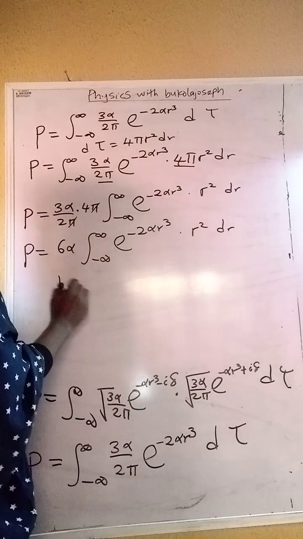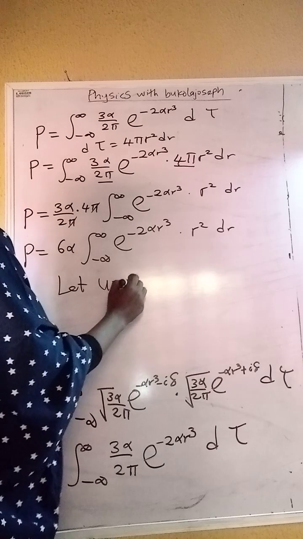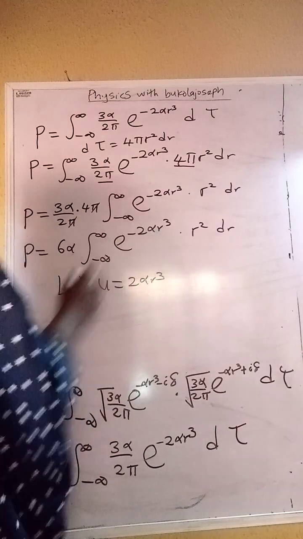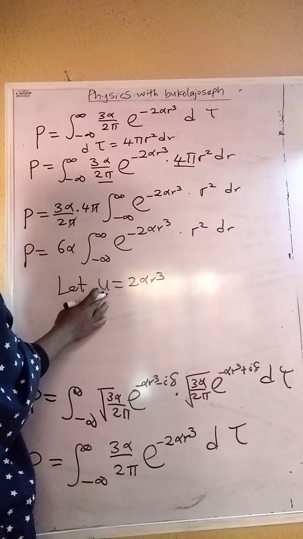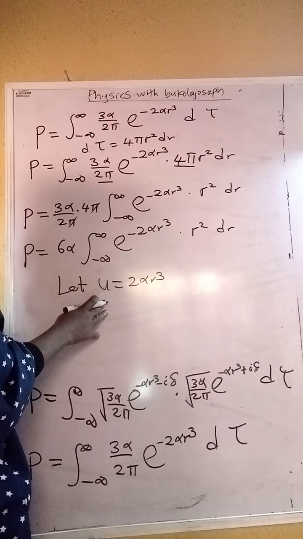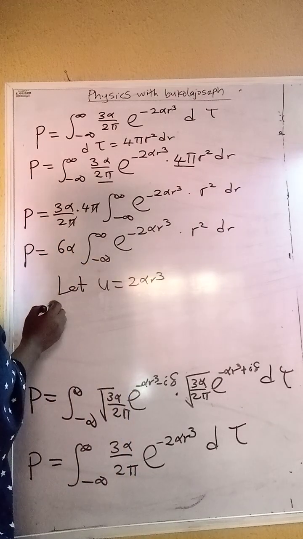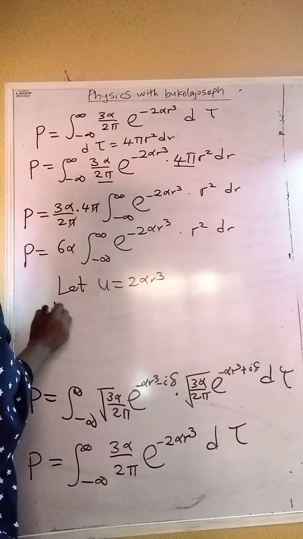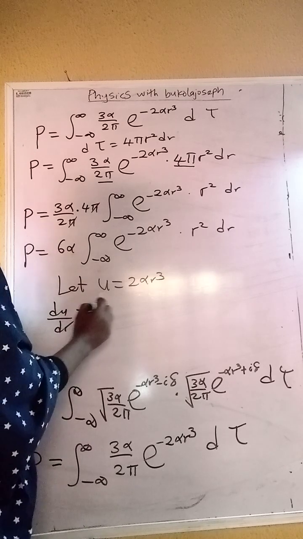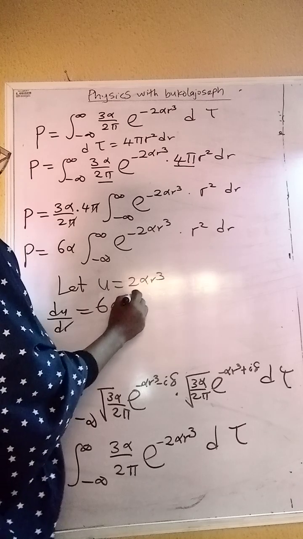Let u be equal to 2 alpha r cubed, so we can substitute this. Now let's find the differentiation. Differentiating, du dr is 6 alpha r squared.